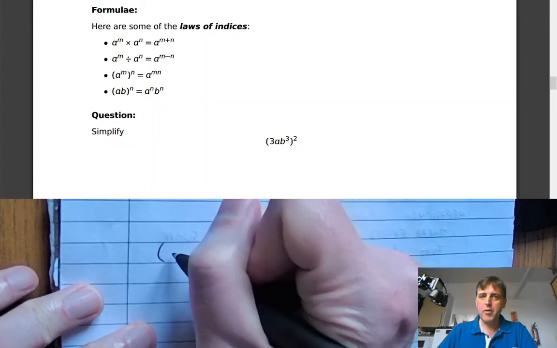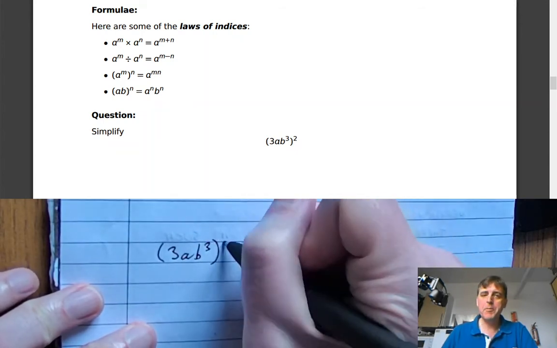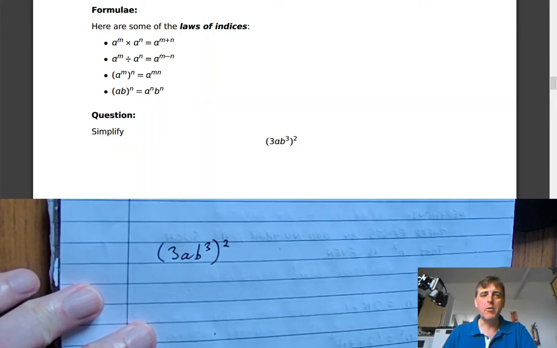We've got here 3ab cubed, all being squared here, and if we look at our rules, we can look at the last of those 4 rules there, and we can adapt that slightly. So if we have a bunch of terms all being raised to a particular power, then those individual terms can be raised to the same power.